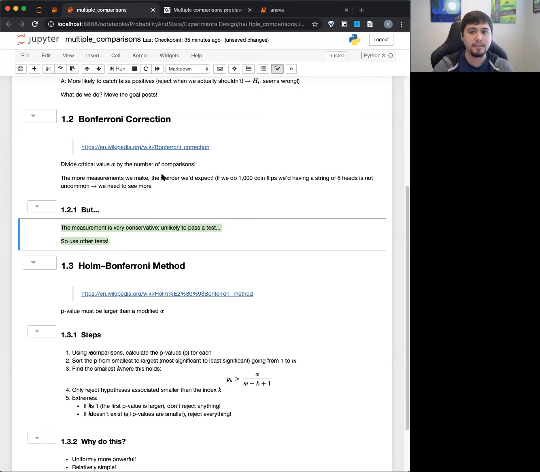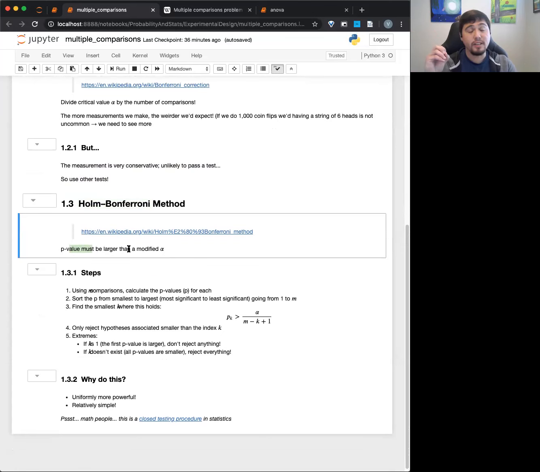Okay. So another method is the Holm-Bonferroni method, where you don't change the p-value, you change the alpha value, and you make sure the p-value you're looking at has to be bigger than a certain value.